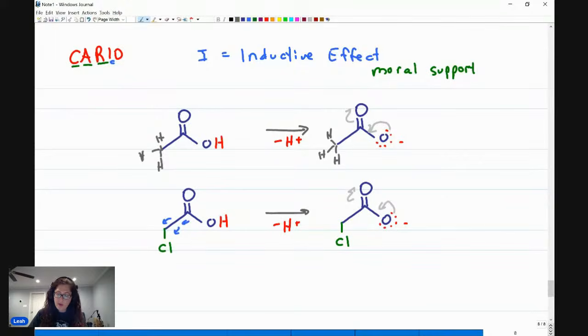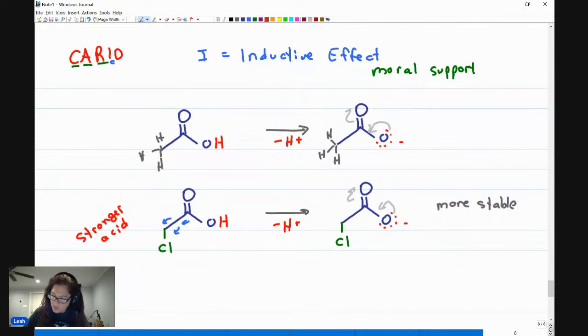So it's really a question of an atom of value, an atom that can actually pull versus one that cannot. And chlorine, fluorine, these atoms, if they're one or two positions away, can pull and therefore make this a little bit more stable. And if this is a bit more stable, then the inductive effect gives you a stronger acid because it helps stabilize, ever so slightly, that conjugate base.